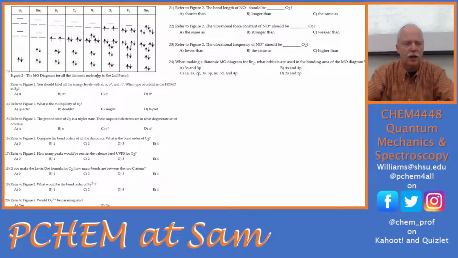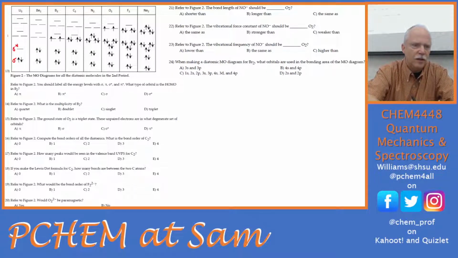Okay, so it says here, refer to figure 2, you should label all the energy levels with sigma, pi, sigma star, and pi star. And so I'm going to go ahead and do that here. The lowest one is sigma, then sigma star, then pi. And then that's the sigma done with the p orbitals, and then the pi star, and the sigma star.